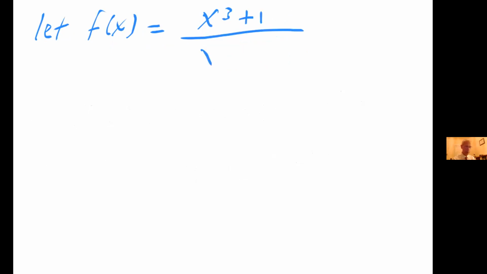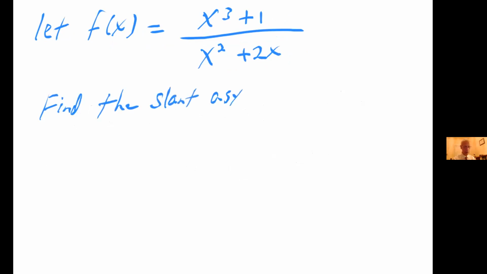Let f of x equal x cubed plus 1 over x to the 2nd plus 2x. Find the slant asymptote, if any.